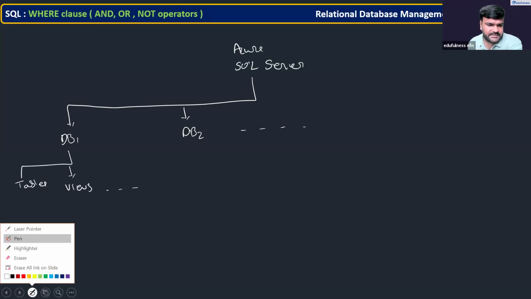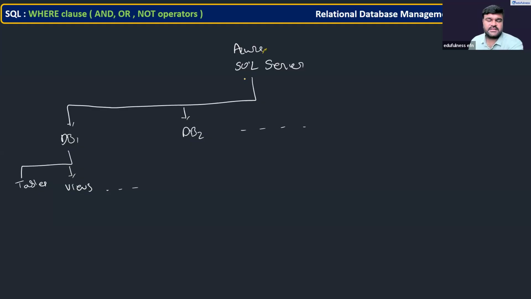Now on top of this, when it comes to Azure SQL Server, or any server, first of all, you need to authenticate. There are many ways you can authenticate, but mandatorily we should know two ways. One is you can create a username and password, which is a very normal thing, so that you can access it.